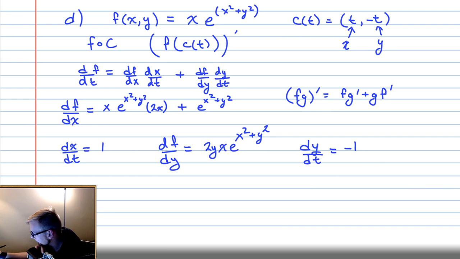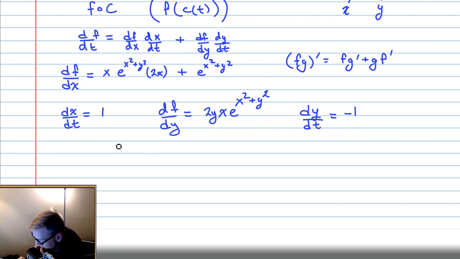So let's plug it all in. df/dx is this whole shenanigans: x e to the x squared plus y squared. Well, this is actually 2x squared if we simplify it. Then we have plus e to the x squared plus y squared. I'm going to leave this like this first instead of factoring, just in case it makes it easier later. dx/dt, which is 1, so just times 1.